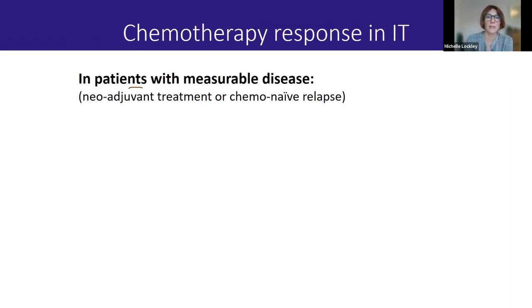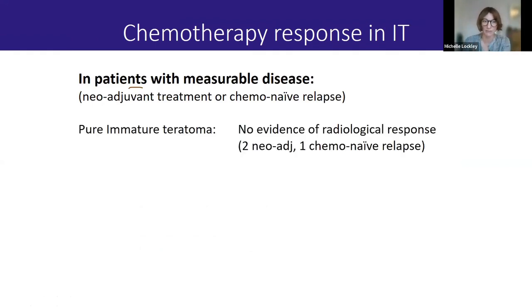We then looked at patients with immature teratoma who had measurable disease. So either patients who were being treated neoadjuvantly or patients who had a relapse and had not had chemotherapy previously. So they had a lump that you could measure and then they had chemo. With only 3 patients, none of those patients had any degree of radiological response at all.